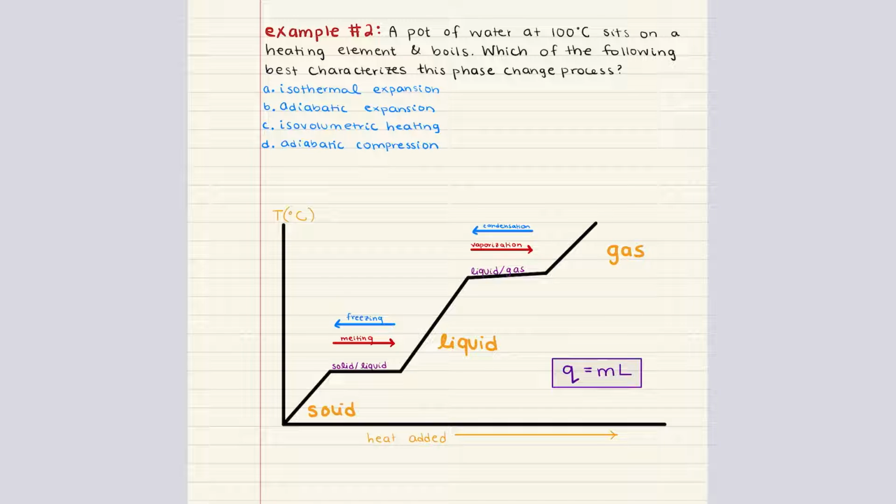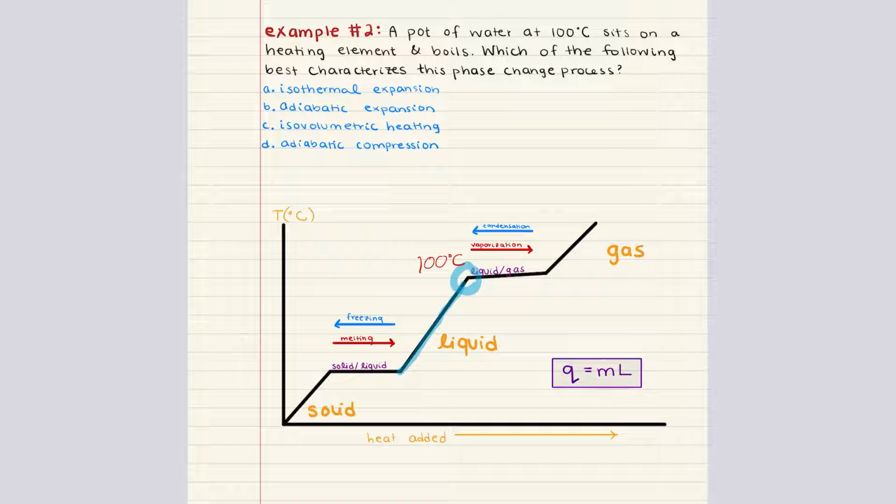Now, what's going to help us answer this question is thinking about heating curves. So, when a compound is heated, its temperature increases until it reaches a phase change point. For water, there's a phase change point at 100 degrees Celsius where liquid water boils and can be converted into vapor.